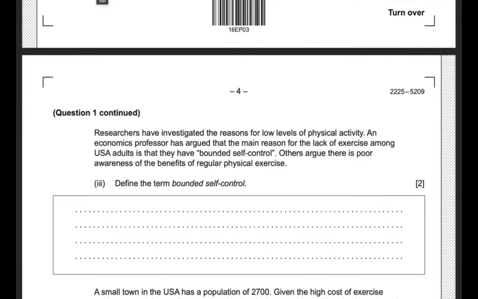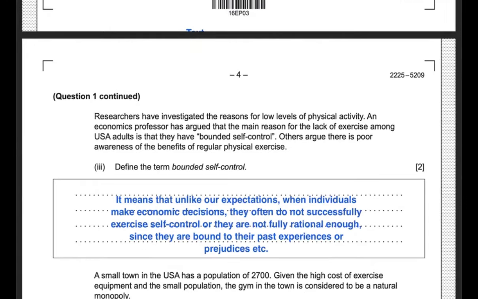And the question asks us to define the term bounded self-control. The term means that, unlike our expectations, when individuals make economic decisions, they often do not successfully exercise self-control, or they are not fully rational enough to make decisions. Probably because they're bound to their past experiences, bias, or prejudices, etc.